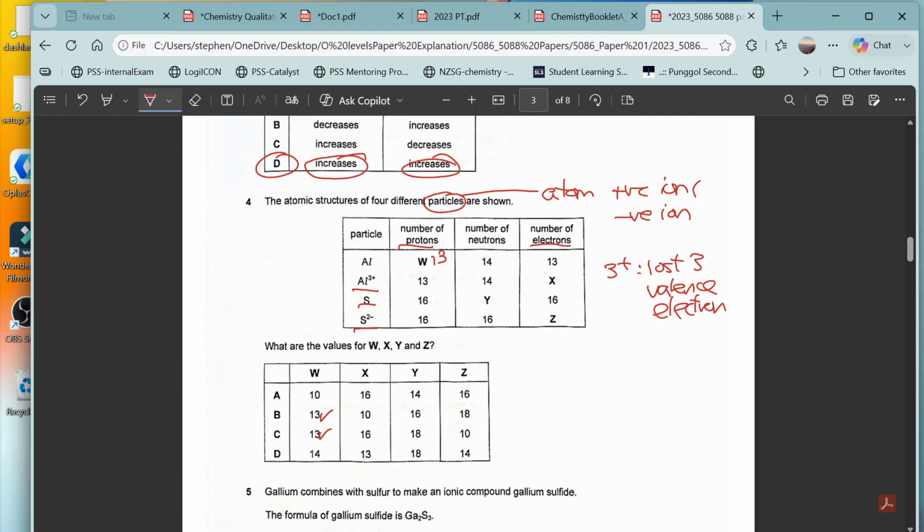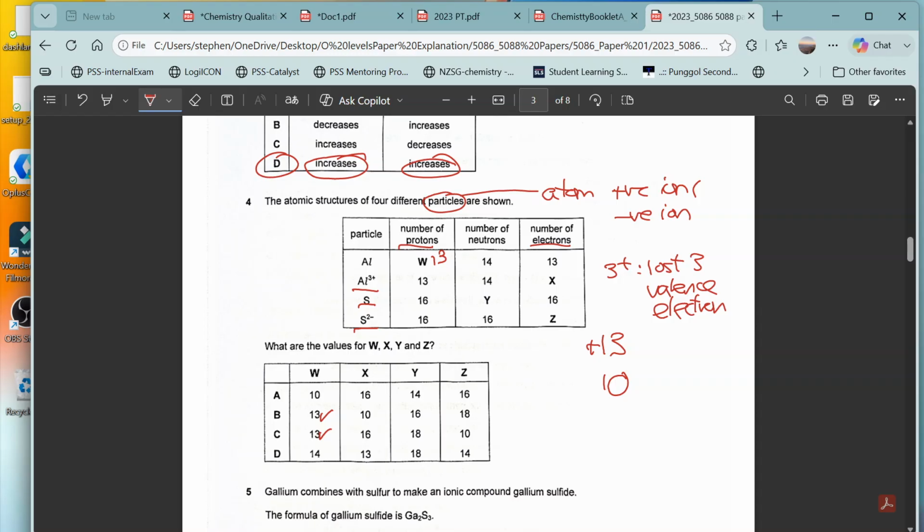Because proton is always positive, right? If you lose 3 electrons, how many electrons are there left? Isn't it 10? Remember, for atoms, the number of protons is always equal to the number of electrons.